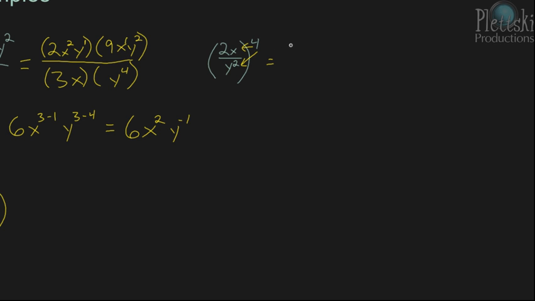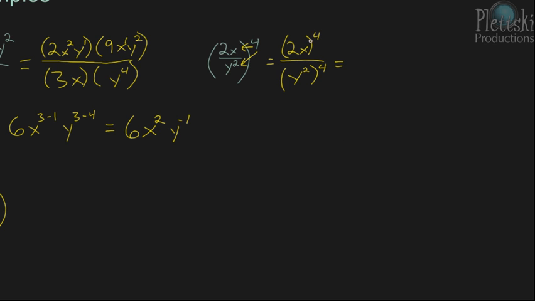So let's rewrite it as 2x to the fourth over y squared to the fourth. So we've gotten rid of the big parentheses, and we've distributed the 4 to both the numerator and the denominator.